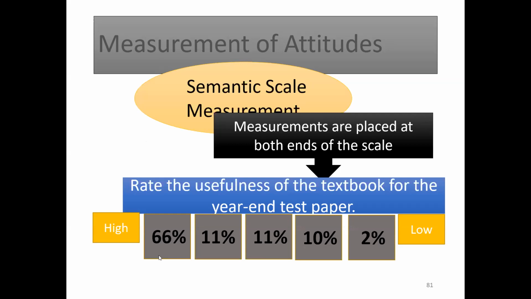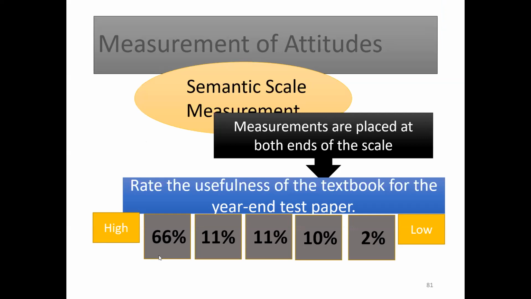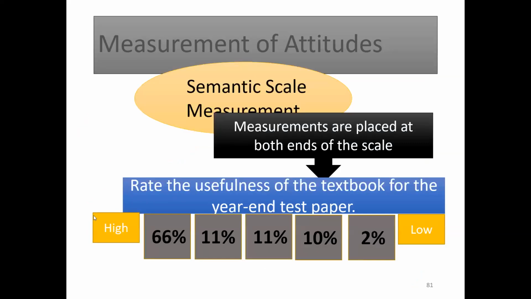So when we prepare the questionnaire, we have to be very careful to select the questions in such a way that we are able to measure the attitudes. So I told you about the semantic scale, clear. Here we have two ends, and the participants will rate.